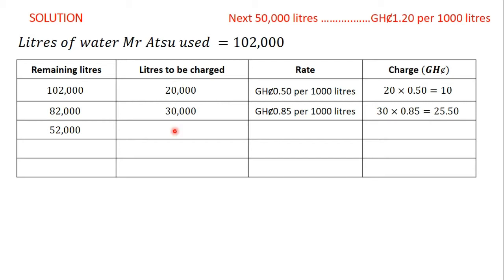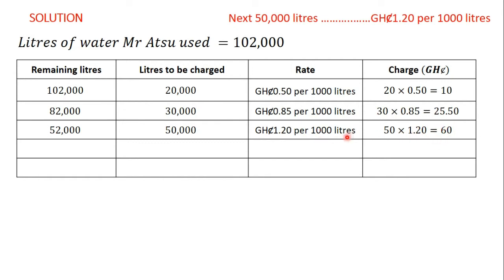So it means that the liters to be charged is 50,000, and the rate is already in Ghana cedis. So for this group also, 1,000 liters cost 1 Ghana cedi, 20 pesos. So 50,000 liters will cost 50 times 1 Ghana cedi, 20 pesos, and that will give us 60 Ghana cedis.